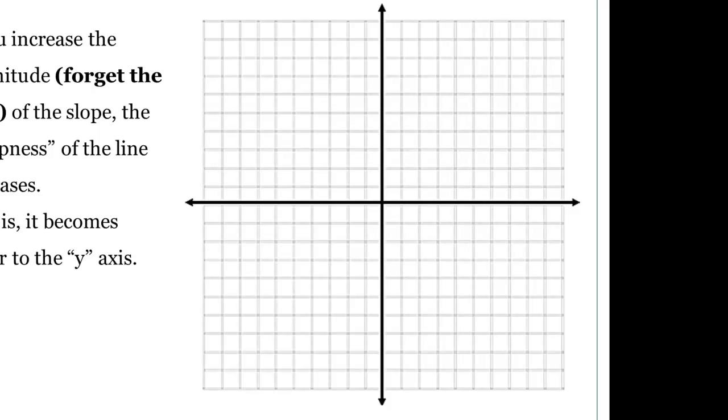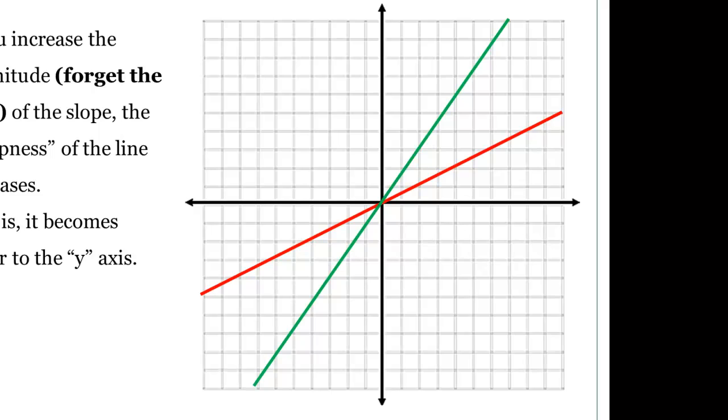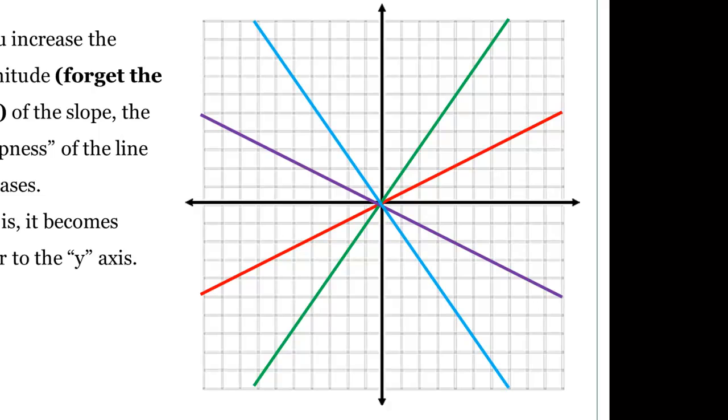So if we have this x and y-axis, and this red line has a slope of, for example, 1, the green line will have a slope of maybe 4, because it's closer to the y-axis. And if the purple line has a slope of -1, the blue line will have a slope of -4, just looking at the magnitudes without the sign.